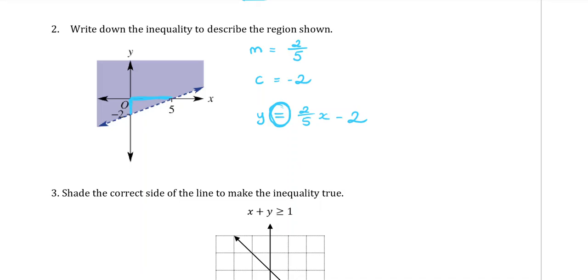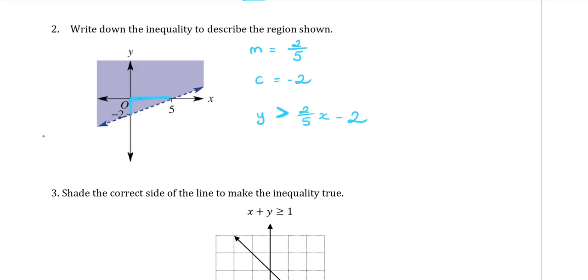Anything that's above the line, you think it's bigger. So to me, that should be a greater than sign. The shaded part is on the greater side of the line. It also should not have an equal sign because it's a dotted line. So I think it's going to be y is greater than 2/5 x minus 2.